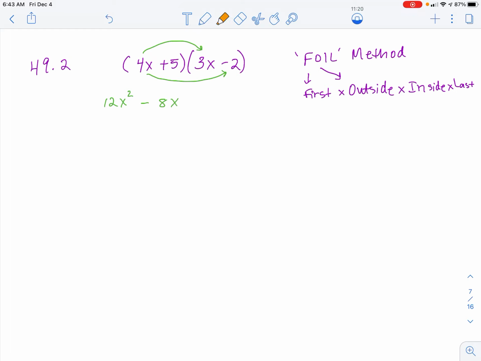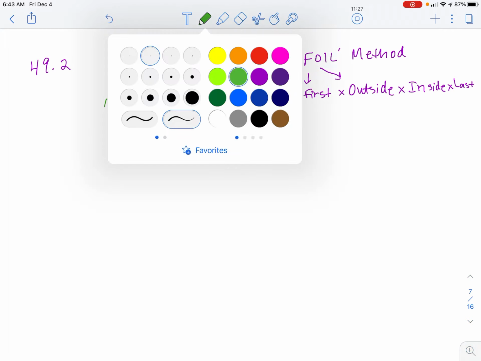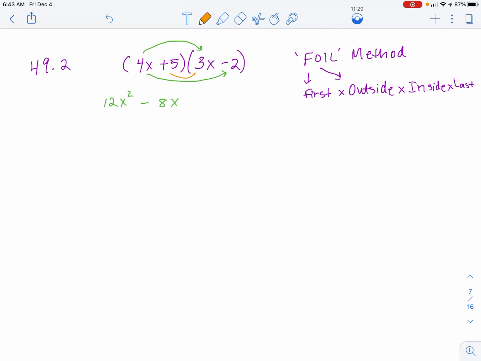And then I'm going to take orange and multiply my inside terms, which are right here, and I'm going to have 15x, and then I'm going to multiply my last terms right here. See, I can't even do the ones up top. I don't like to use it that way, so my brain automatically goes this way. But so we're going to have minus 10 here.